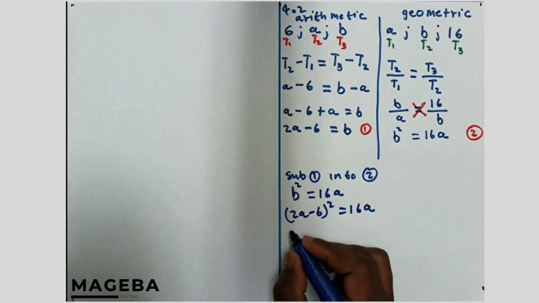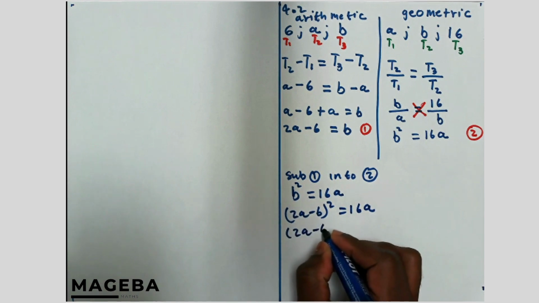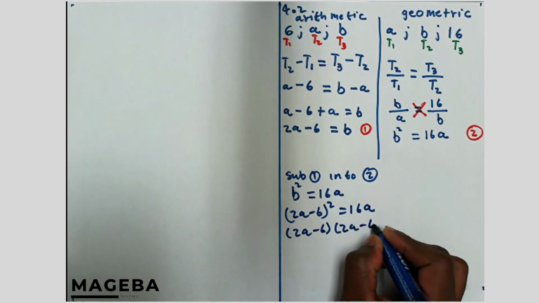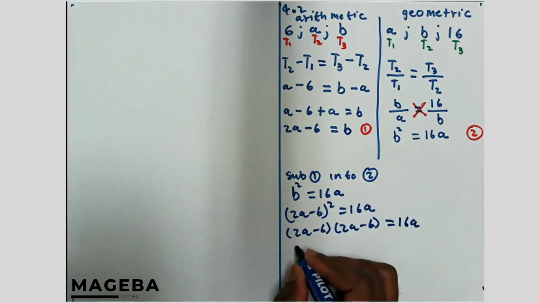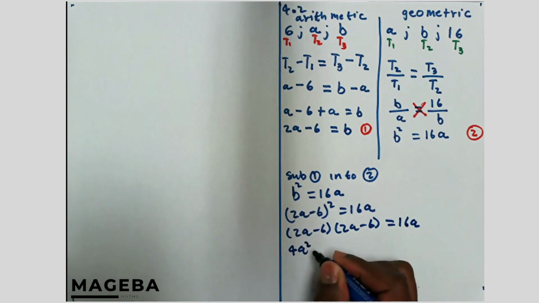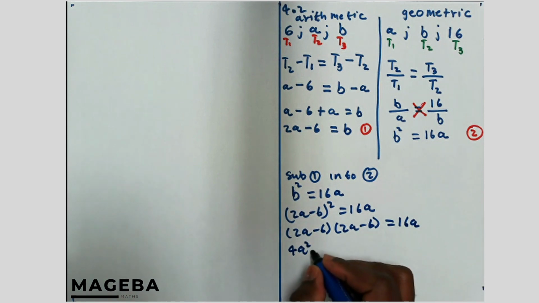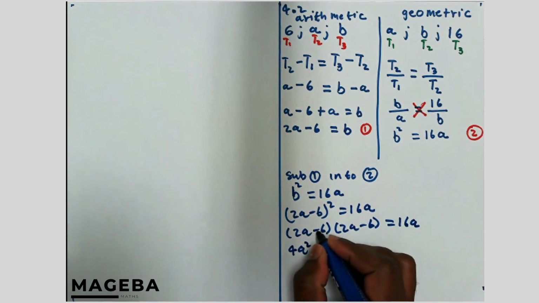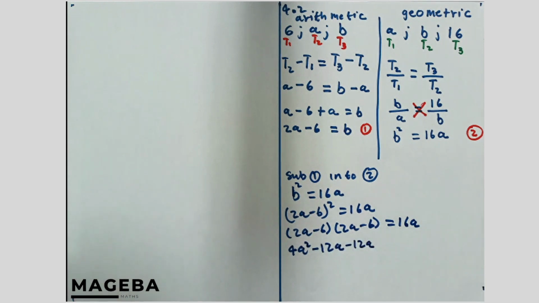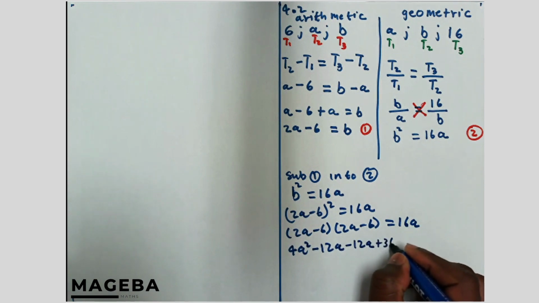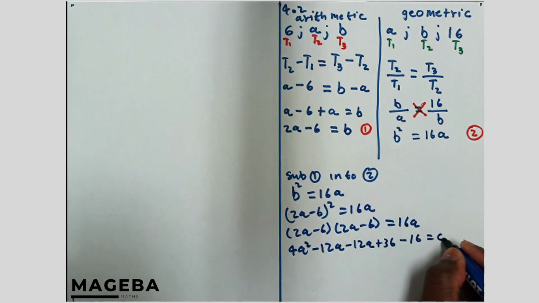Open the two brackets: 2A minus 6 times 2A minus 6 equals 16A. Then 2 times 2 is 4A squared, 2 times negative 6 is negative 12A, negative 6 times 2 is negative 12A, and 6 times 6 is positive 36. Take this 16A to the other side, so minus 16A equals 0.